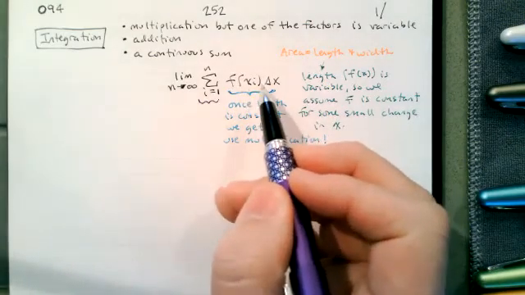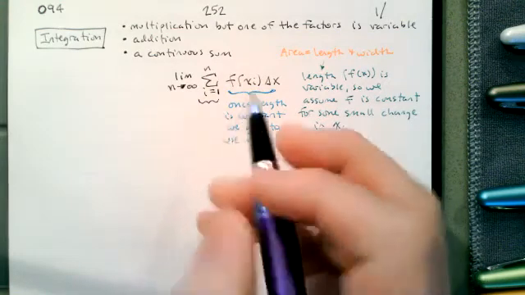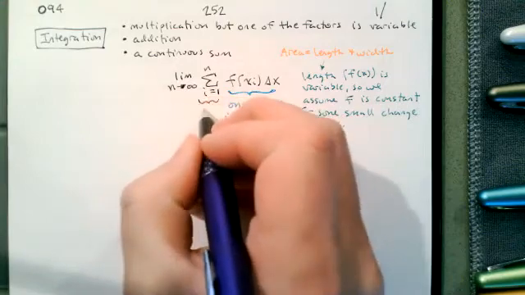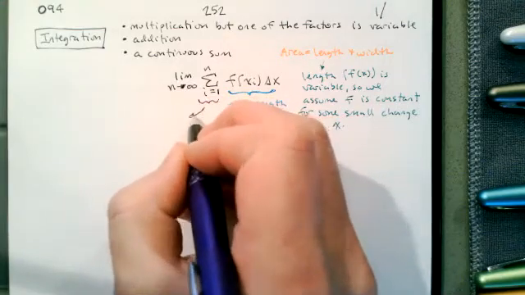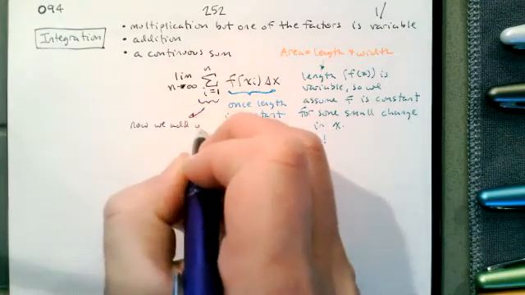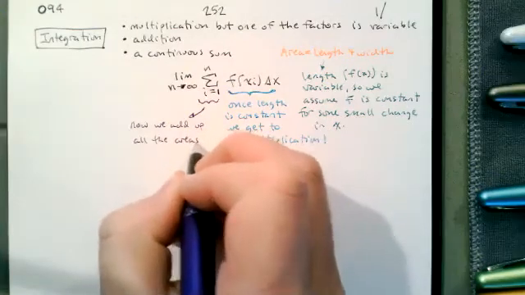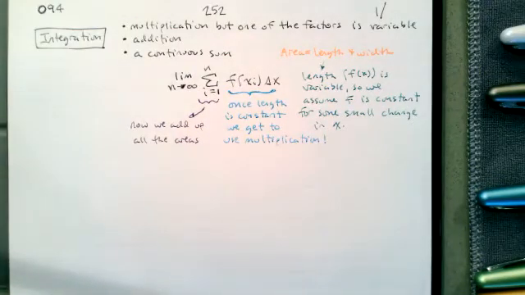So we assume things are constant, so we get to use multiplication, and then we use addition to add everything up. So that's what the sum means.